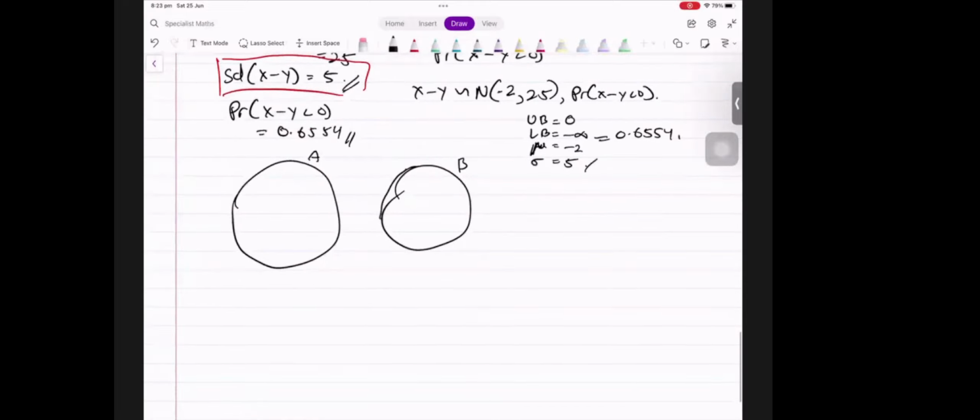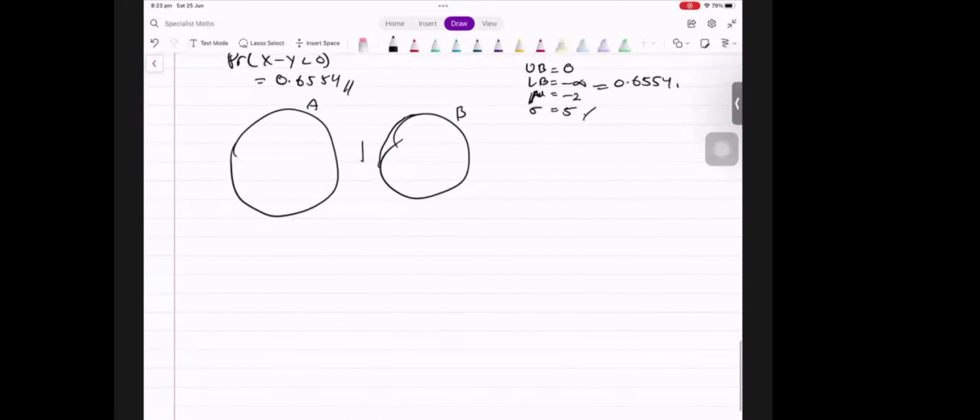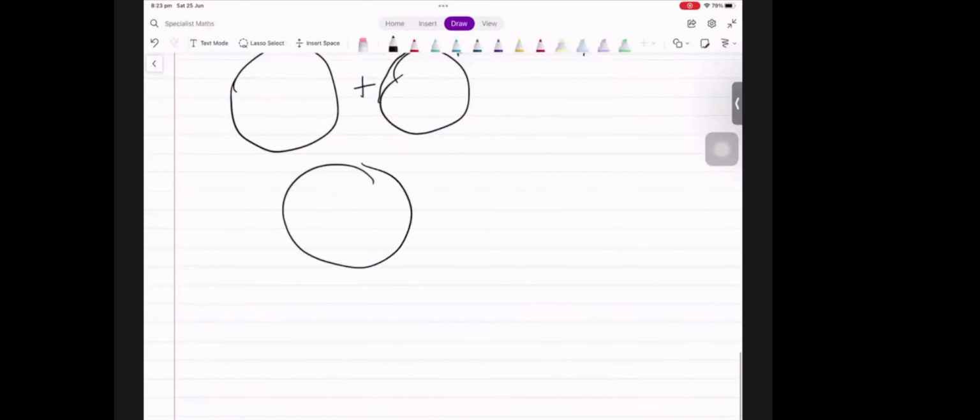So now, one more thing. Let's say you were to get a combination of these two, you get one whole thing of A plus B. But instead you decide to get a sample of this. And it's literally just normal sampling. There really is nothing else for me to do.